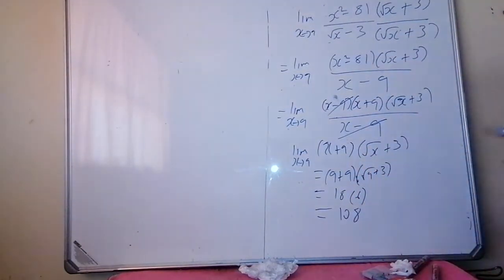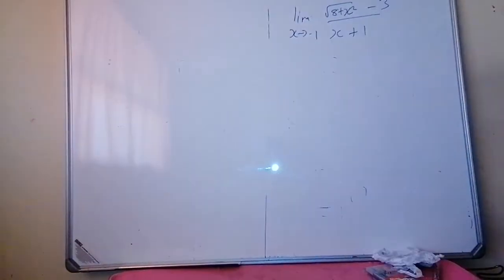108. Let me do another example. So this is the example that I want us to do. The first thing there, we can substitute negative 1. Negative 1 plus 1 is 0. It's undefined again. So this tells us that we need to simplify it first, then we can evaluate that particular limit.